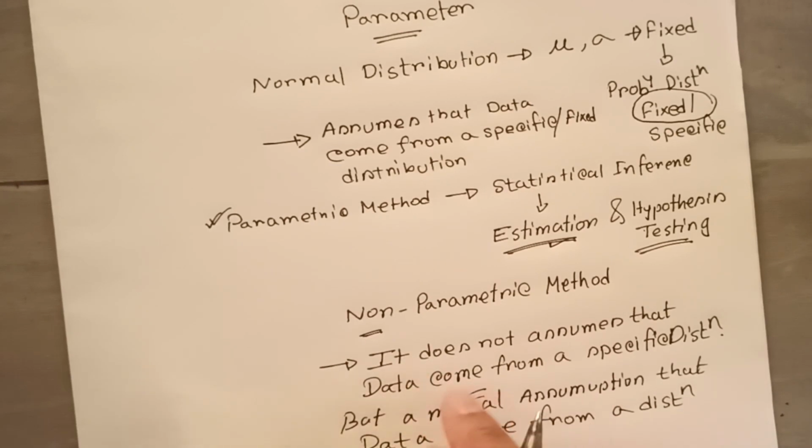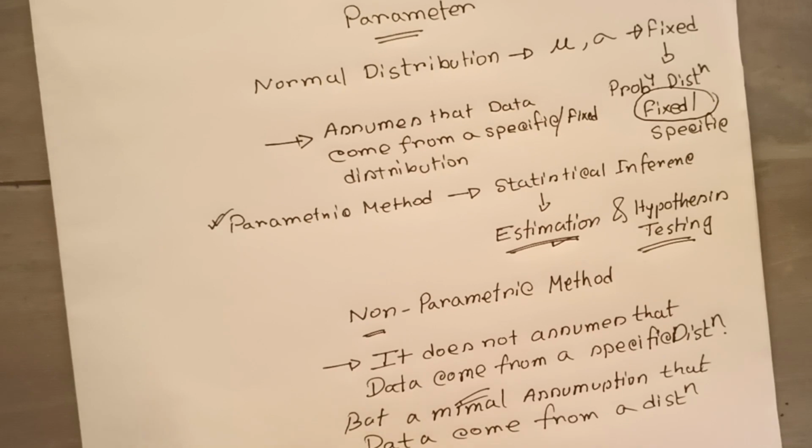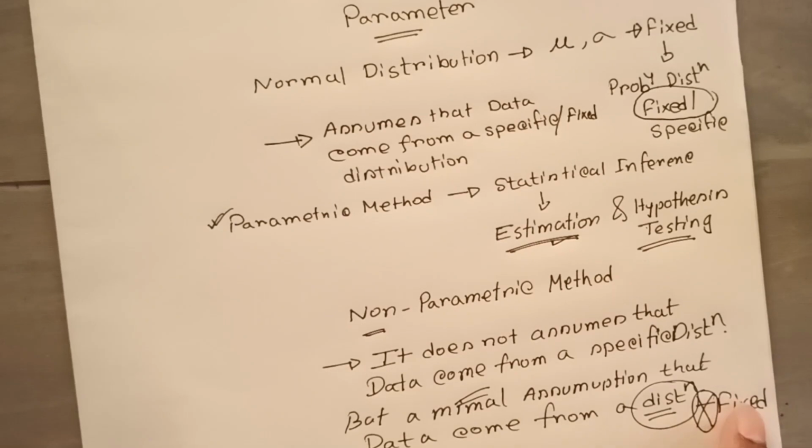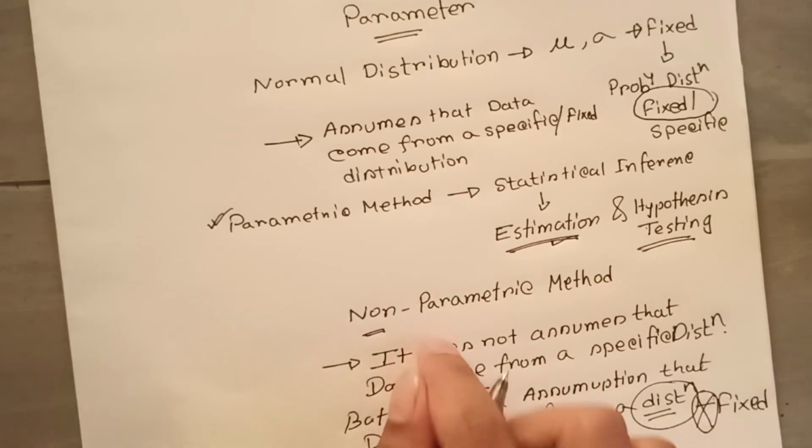In a non-parametric method, it has a minimal assumption that data come from a distribution, not a specific distribution, but a distribution. So in the non-parametric method, yes, it has a distribution, but the distribution is not fixed. The distribution is not fixed for the non-parametric method.